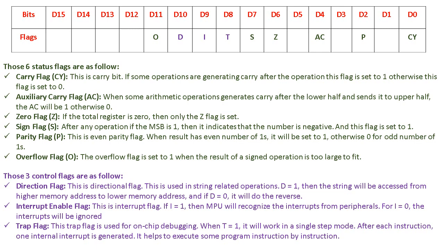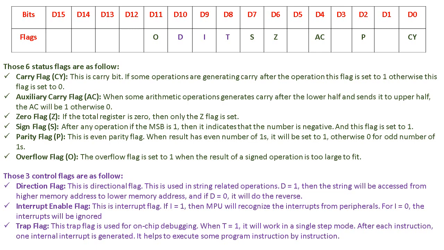Now let us understand the sign flag. In short it is known as S. After any operation, if the MSB is 1, then it indicates that the number is negative. So if the number is negative, then this flag is set to 1, otherwise the sign flag will be set to 0.